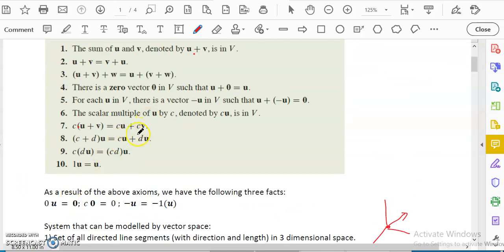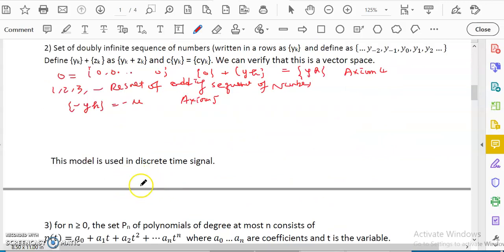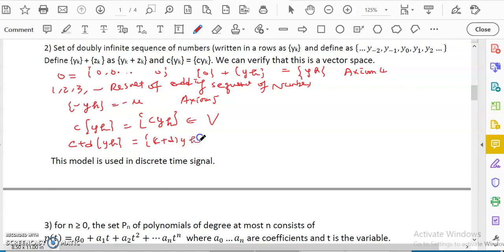We have 6 defined. 7, 8, 9, 10 are directly a result of multiplying a scalar C by yk. You just multiply inside for all of them, C times yk, so this belongs to the vector space also. And then (C plus D) times yk, we just multiply inside as (C plus D) times yk, so that is also in V. So all of these are okay. All 10 axioms are okay.